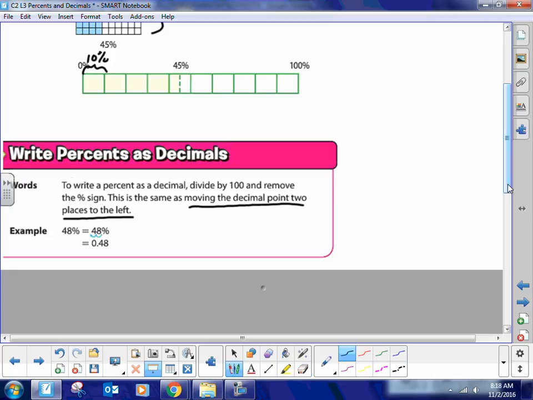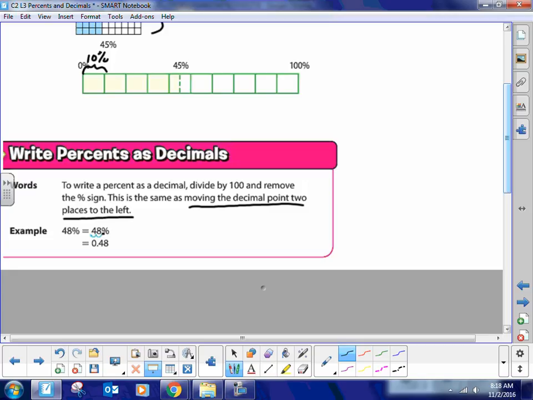Look at the example, 48%. The decimal is right there. Percents can have a decimal in them. It's just that the decimal has been moved 2 places to the right initially.